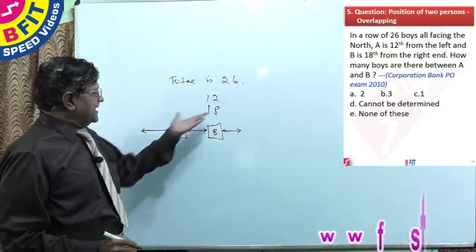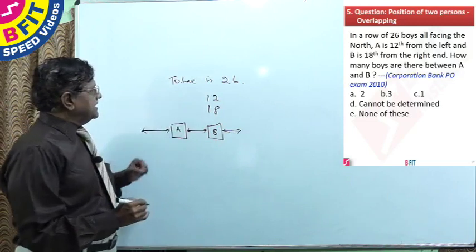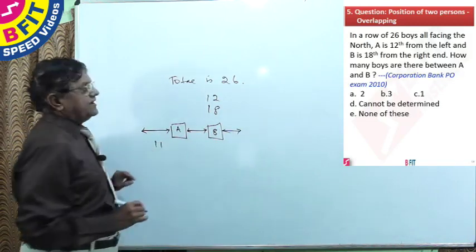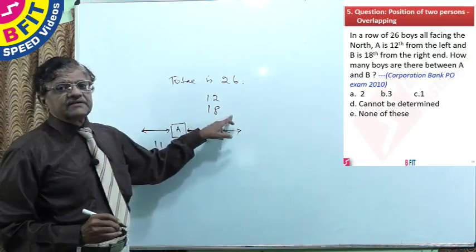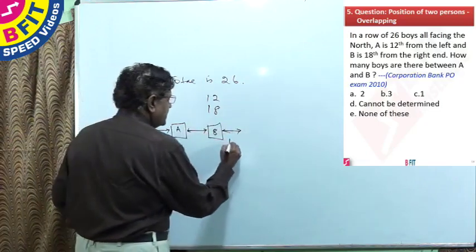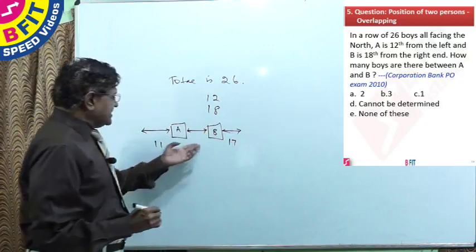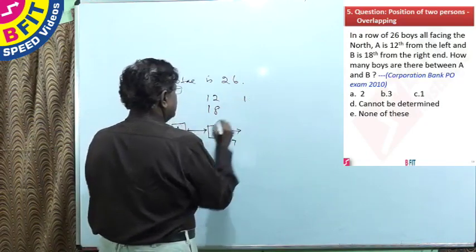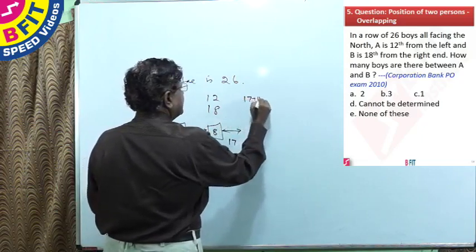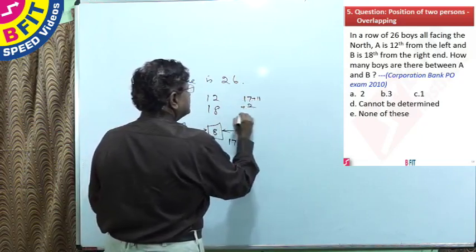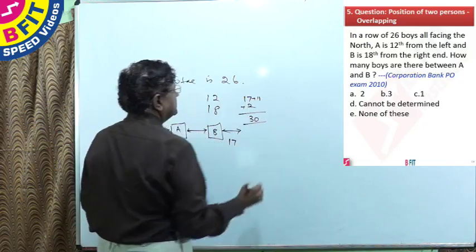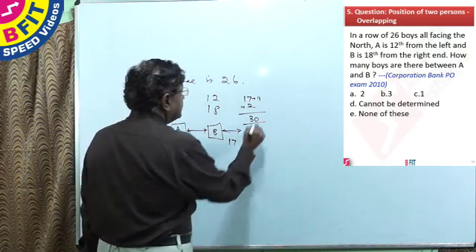Now, if you apply here, A is 12th, that means there are 11 persons before A, and B is 18th, so there are 17 persons after B. If you add 17 plus 11 plus A and B, 17 plus 11 plus 2, then it is 30. 30 persons are here.